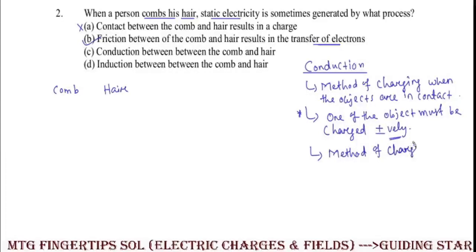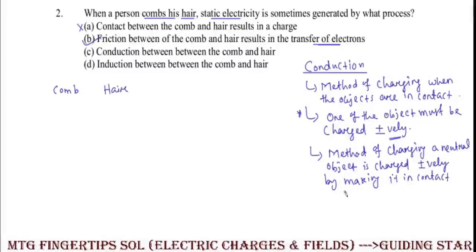A neutral object is charged either positively or negatively by making it in contact with a positively or negatively charged body. So a neutral object can be charged by making it in contact with a charged object. This is the method of conduction.